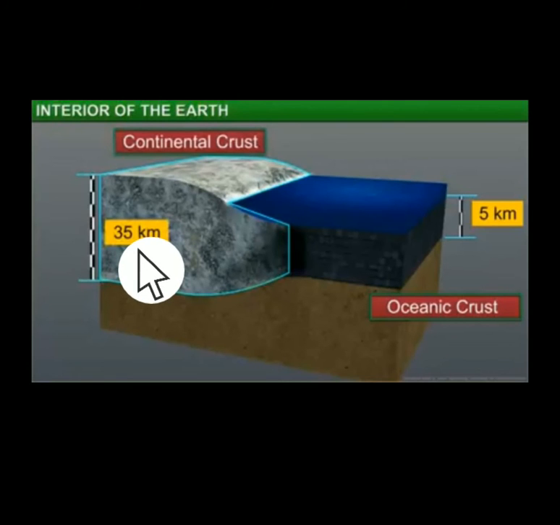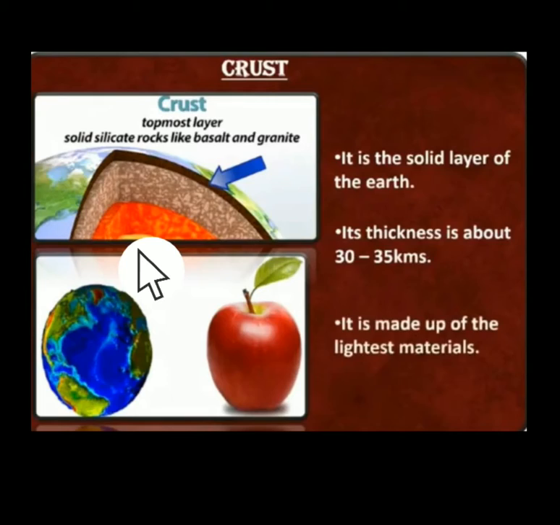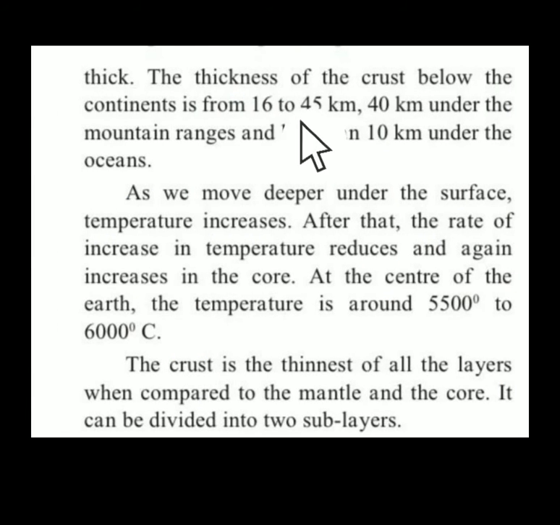There the thickness of the Earth is approximately 16 to 45 kilometers, and it is 40 kilometers under the mountain ranges. And it is less than 10 kilometers under the ocean.